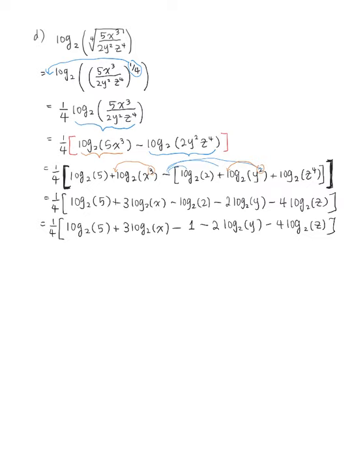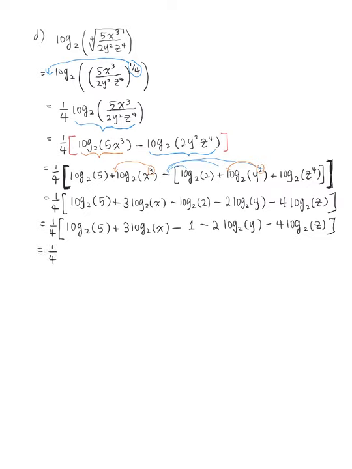If you want to distribute the 1/4 to each term, go for it. Or you can just leave it out in front of it. But make sure to distribute all the negative signs and simplify all the way. But anyways, just in case, I'm just going to distribute the 1/4.